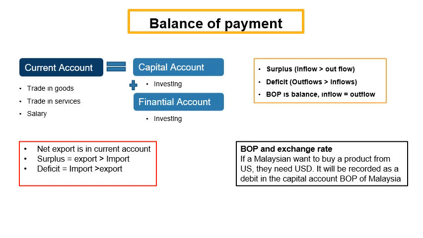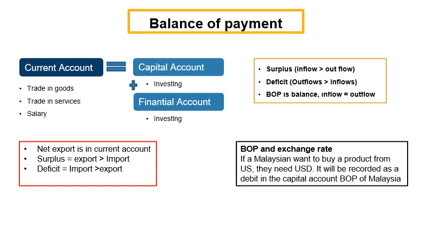Similarly, in the balance of payment, we can find out whether it can affect the exchange rate. For example, if a Malaysian wants to buy a product from the US, they need USD to buy the product from that company, because that company does not accept Malaysian ringgit.